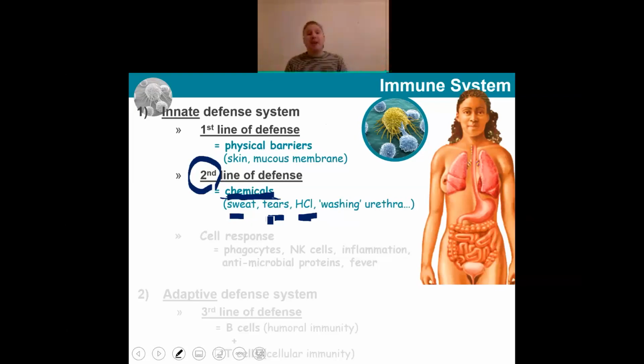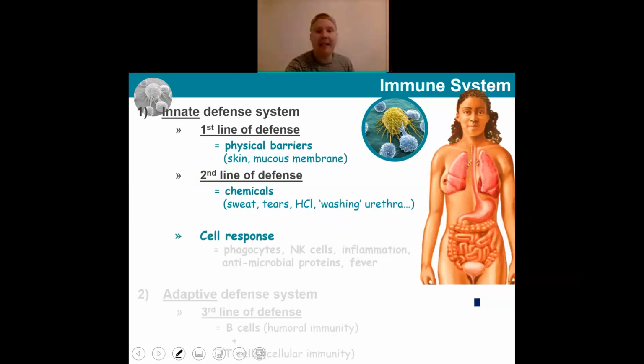And so on. There are many other examples of this chemical line of defense. Also, your urethra is a direct route for pathogens to get in, so that's why we urinate, so we wash them away. We get rid of them, and urine is also very good at killing pathogens.